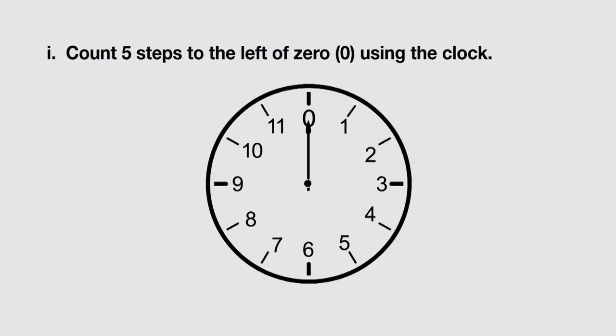First, we want to count 5 steps to the left of 0 using the clock. So where do you land? As you can see, we land on 7.